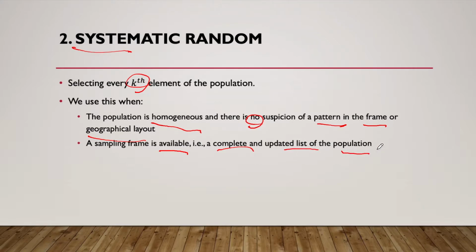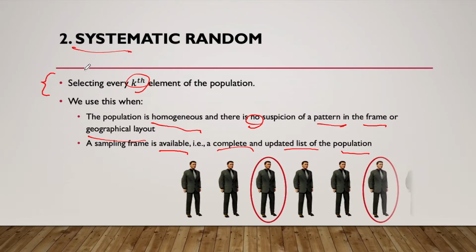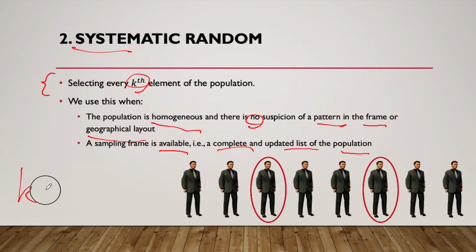To illustrate what we do, since we only say that every kth element of the population is being selected, this is how it goes. For example, let k be equal to 3, meaning every third person in the population is selected. You must have a list of your population, and you start at this person here. Let me draw a stick figure of a man.